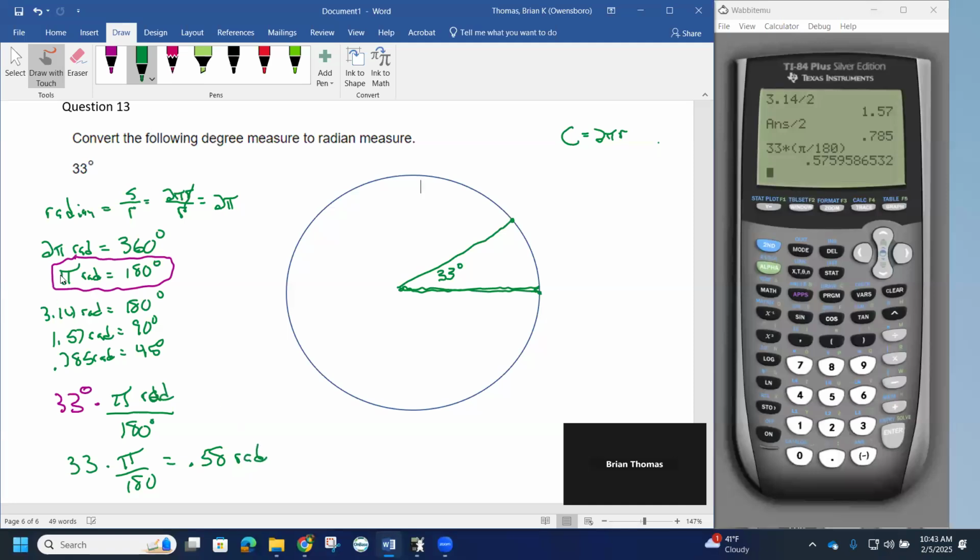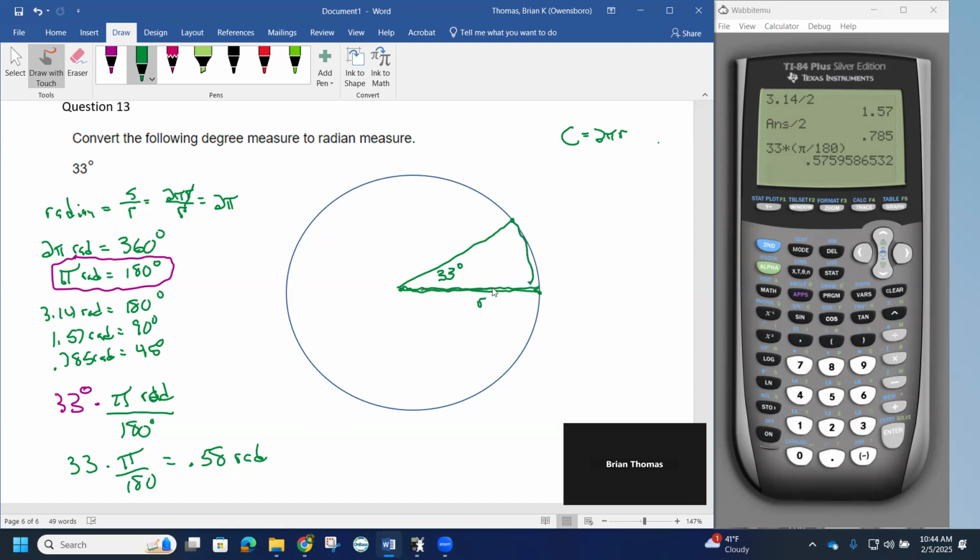So notice that our conversion factor is pi radians is the same thing as 180 degrees. Remember, radians is the arc length divided by the radius.